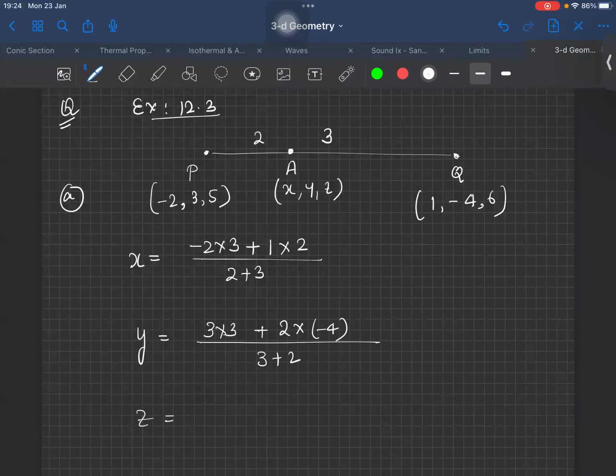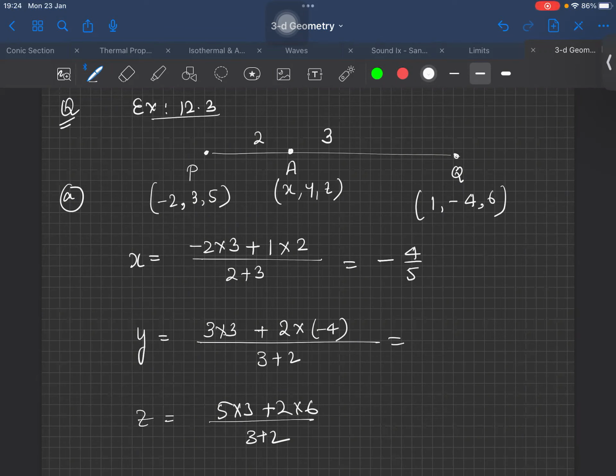And z will be (5 into 3 plus 2 into 6) divided by 3 plus 2. So that will be 6 plus 1 plus 2 will be -4 by 5.